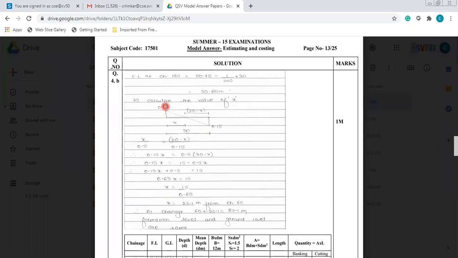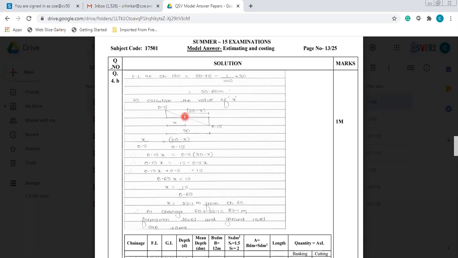Our depth is 0.5 and our depth is 0.15, correct? So plus 0.5 and minus 0.15. Somewhere in between there is one point where the depth becomes 0, and you have to determine this particular distance. Either you can determine from this side or from this side.